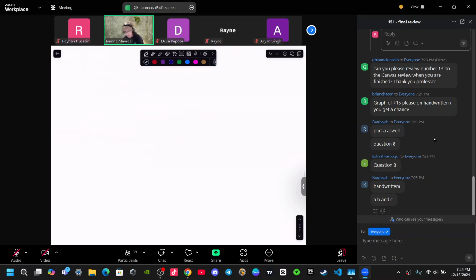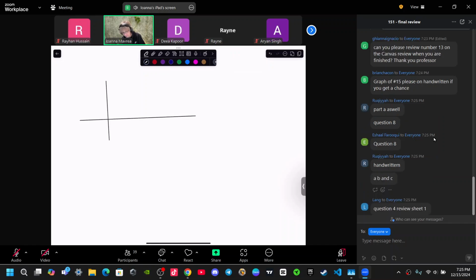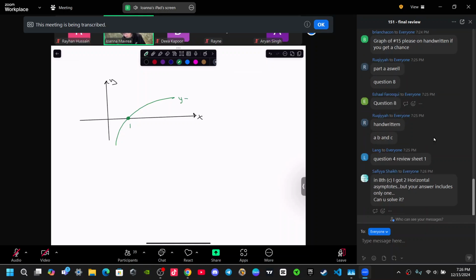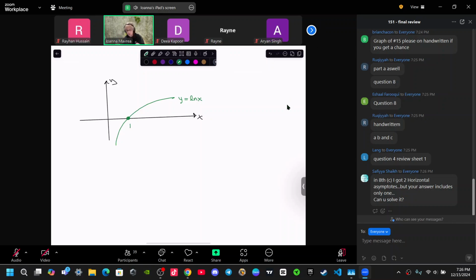Okay, so A, I put it there just to stress people out. No. You really need to know the graph of log. The log function, this is the x and this is the y. The log function looks like this. Y is equal to natural log of x. So notice the log function has an asymptote.